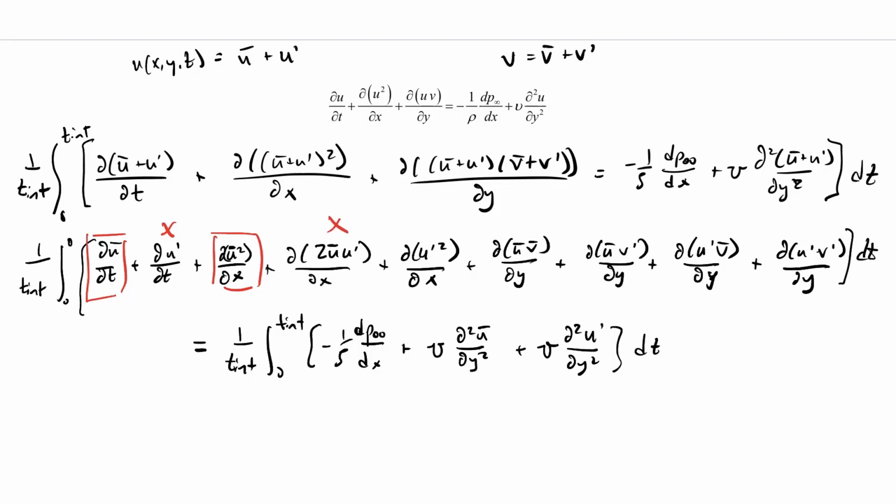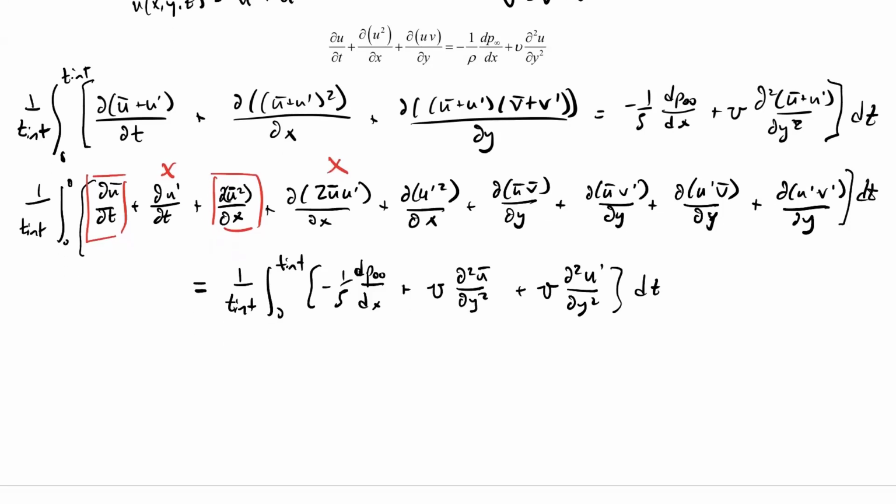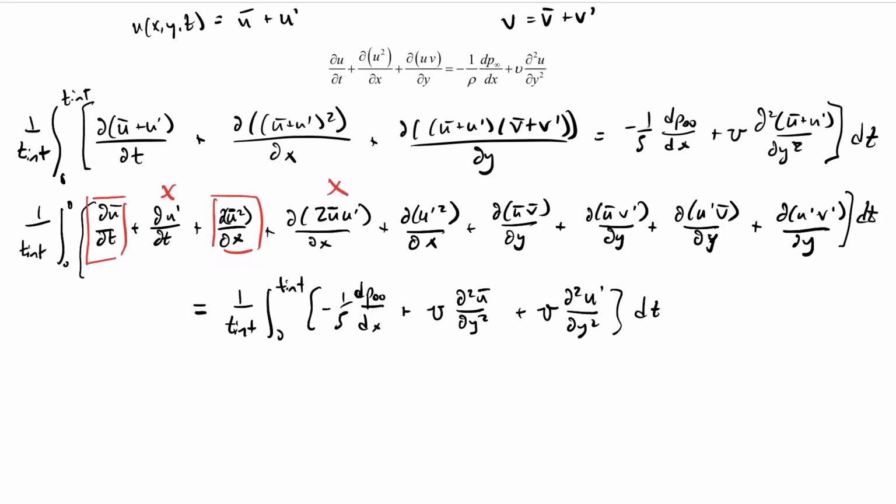Now we run into a complication here. Okay, du prime squared dx. So think about what is happening here. If we draw this out a little bit, if I draw my velocity variation, this being zero and this is, let's say, u, as a function of time, like this, what happens if I take that velocity squared?